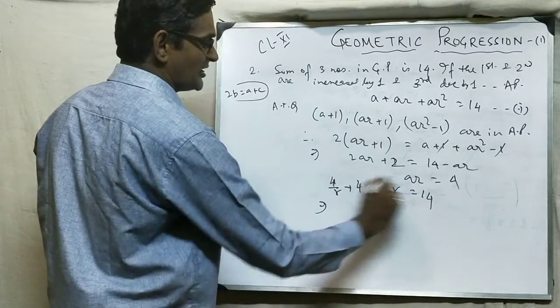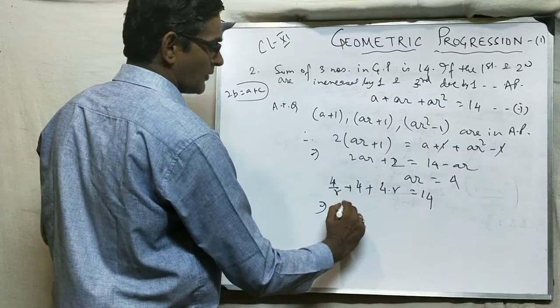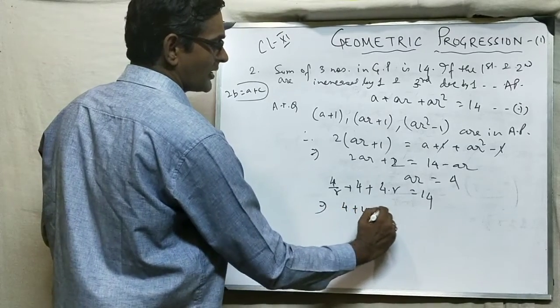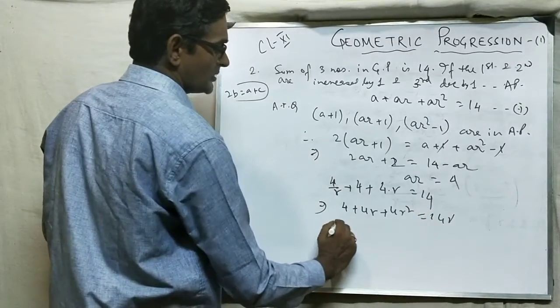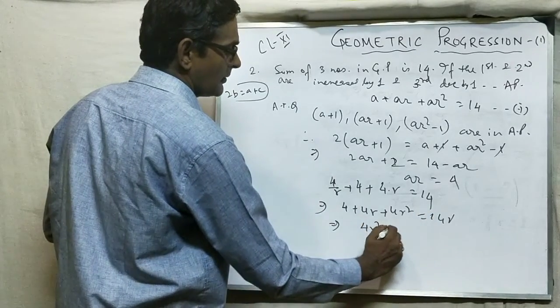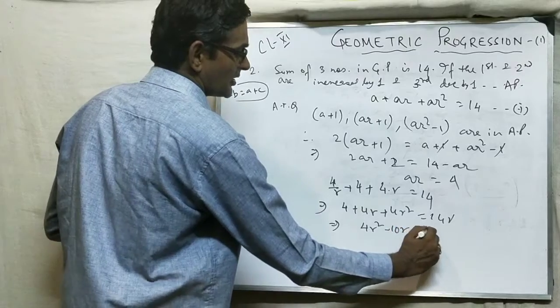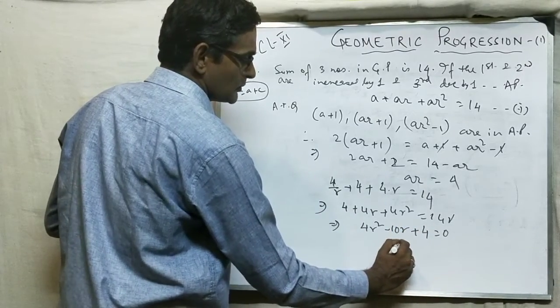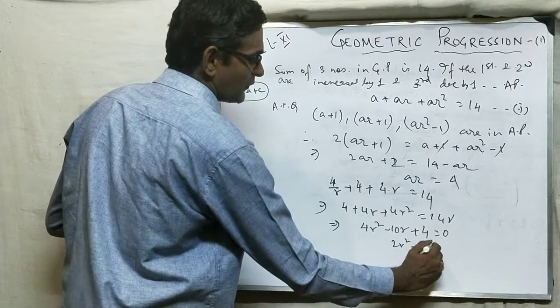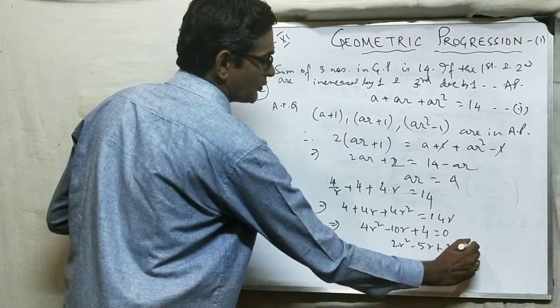Now multiply both sides by R. So what will you get? 4 plus 4R plus 4R squared equal to 14R. This will give 4R squared minus 10R plus 4 equal to 0, or you can get 2R squared minus 5R plus 2 equal to 0.